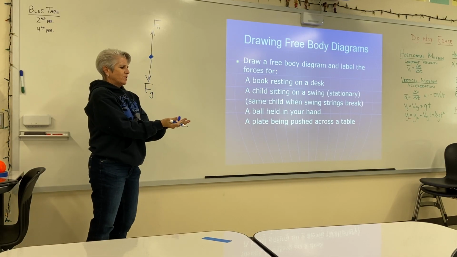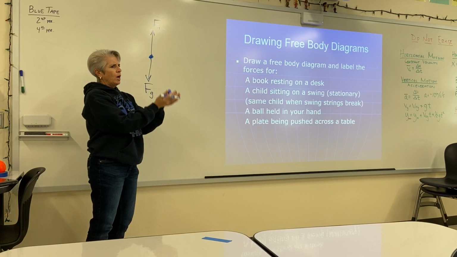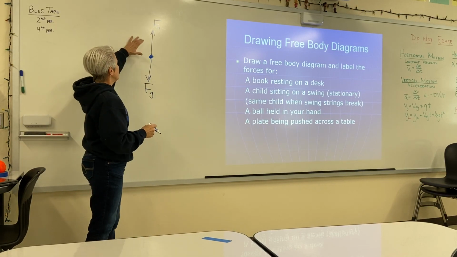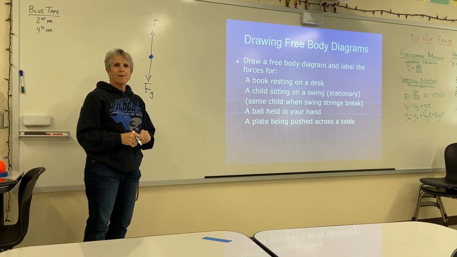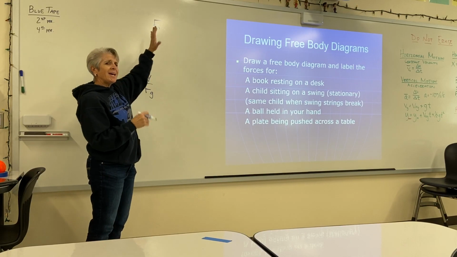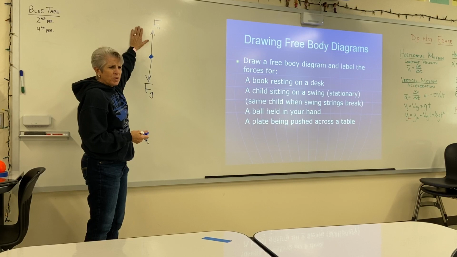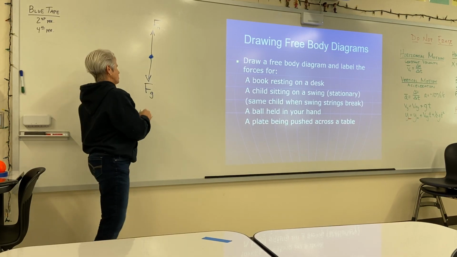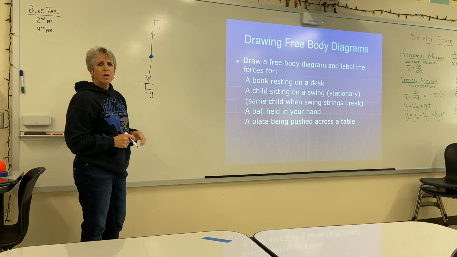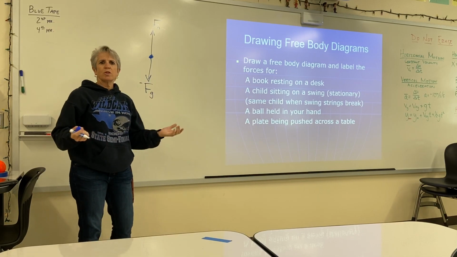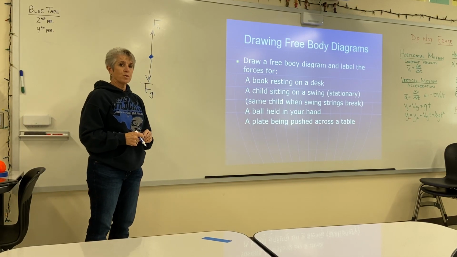Because this object is not accelerating downward or upward, it's important that I draw these two vectors about the same size. If I added them up, this up force would be considered a positive force. This down force would be considered a negative force. And this one plus this one should give me 0 net force.